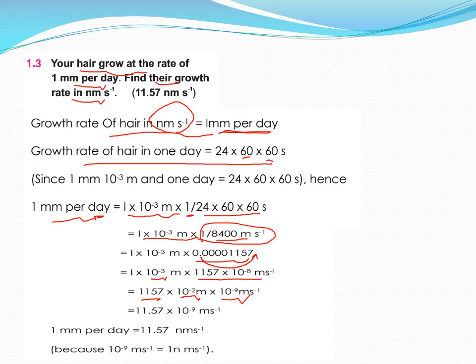So 11.57 and this is the nano prefix. That's why the result is 1 millimeter per day equal to 11.57 nanometer per second. So we have converted a growth rate from 1 millimeter per day to nanometer per second.